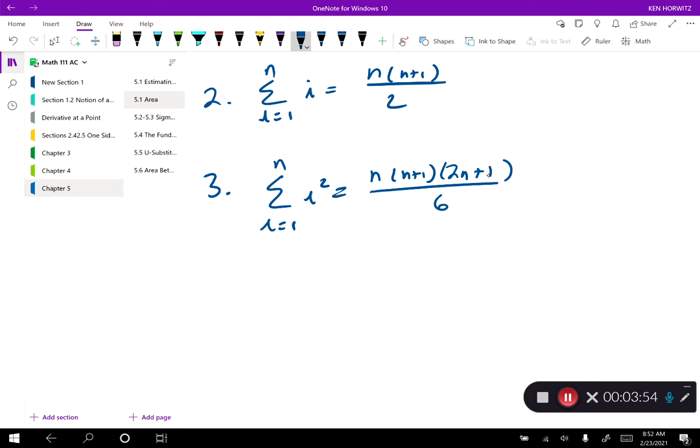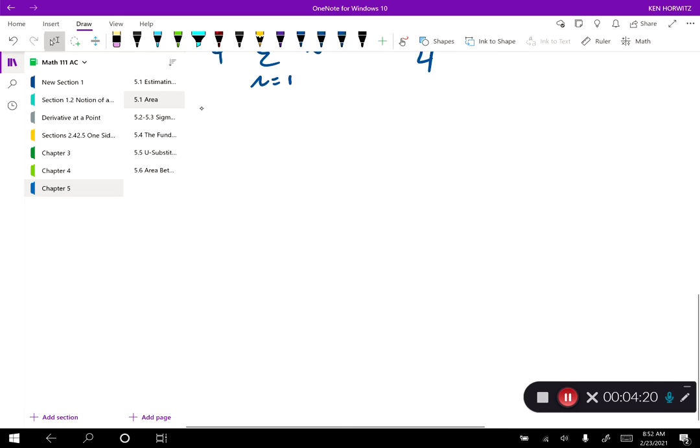The last one is i equals 1 to n of i cubed, and that's n times n plus 1, the whole thing squared, over 4. All right, so these formulas can come in handy with an example kind of like this one.